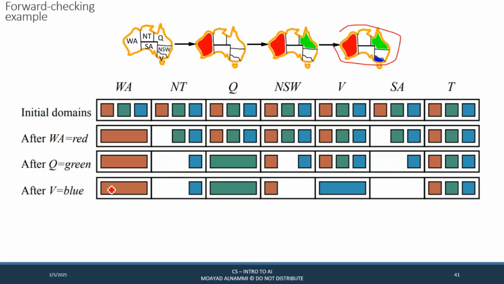Now, at this search node, this is the current domains. You can see that when I assigned V the value blue, I check its neighbors, and I have an empty domain for SA. That means that going down this path is not going to get me a valid assignment. So I can backtrack and go back. When I backtrack, I'm at this level here.